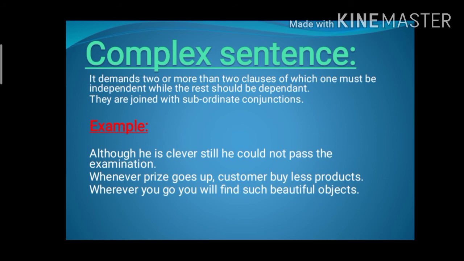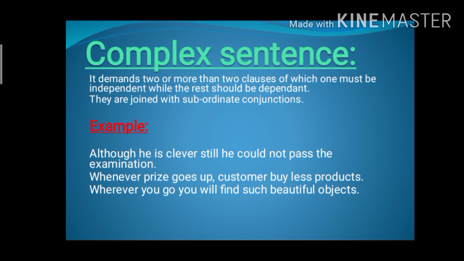It means a complex sentence requires either two clauses or more than two clauses, of which one should be independent while the rest should be dependent, and they are joined with a subordinating conjunction. Guys, when we use a subordinating conjunction, it will obviously make our dependent clause. Through these examples, we will identify how a complex sentence is made.